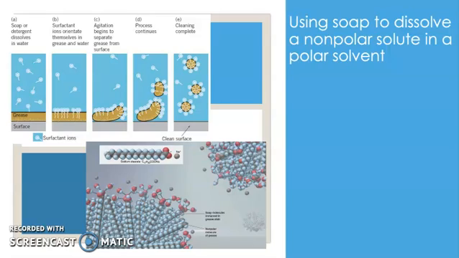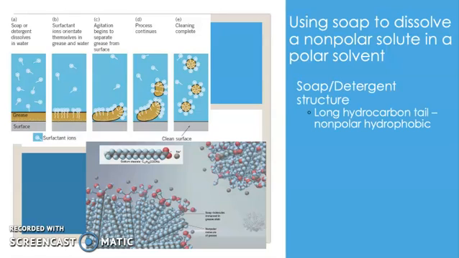A couple things, this is also how soap works. Soap or detergent can dissolve in water. If you have a bunch of grease on a surface, there are two sides to the soap or detergent structure. There's that long hydrocarbon tail, which remember those hydrocarbon chains are nonpolar. They also are hydrophobic, meaning they fear water, so they will avoid being near the water side.